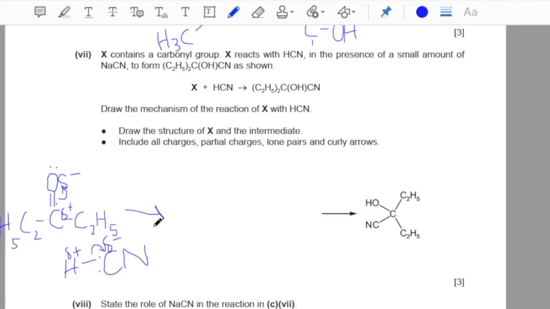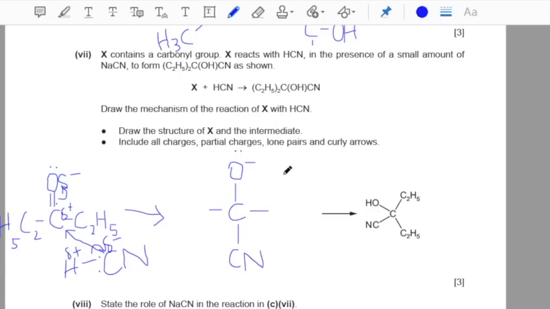The next thing to be shown is that this carbon atom has a partial positive charge, which will be attracted by the cyanide ion because it has a lone pair of electrons. So the cyanide ion will get attracted towards this partial positive carbon atom. So the intermediate is C, now with only a single bond with oxygen having a lone pair and negative charge, C2H5 over here, C2H5 over here, and the cyanide ion has now been attached to the carbon atom.